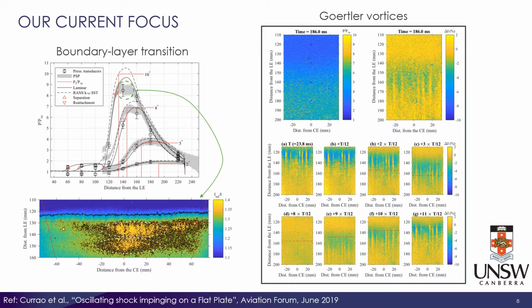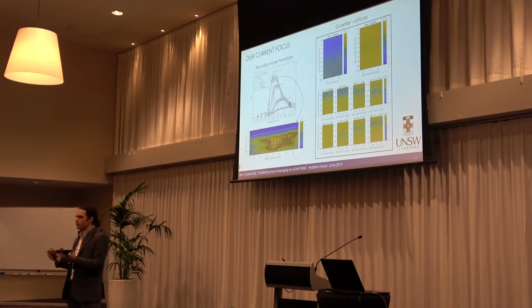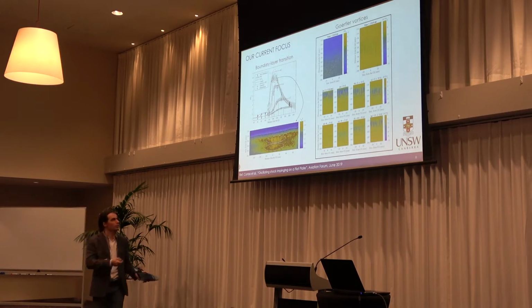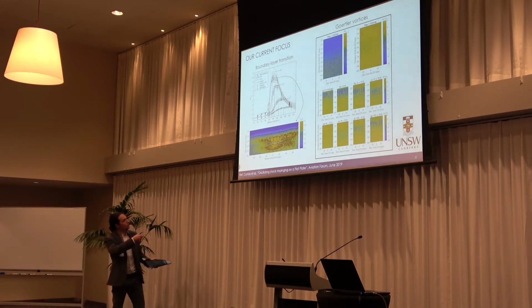In a few words, what we are going to do very soon: FSI simulations are very expensive, so we are going to do not only three-dimensional FSI simulations, but eventually we want to use LES to characterize these regions and then try to model the transitions.